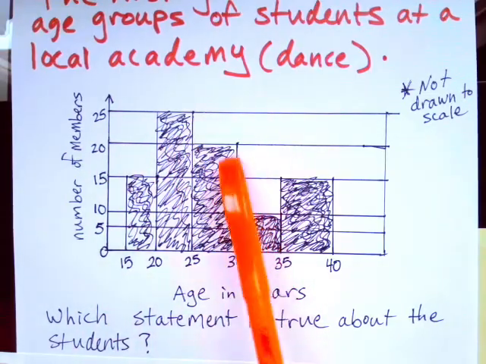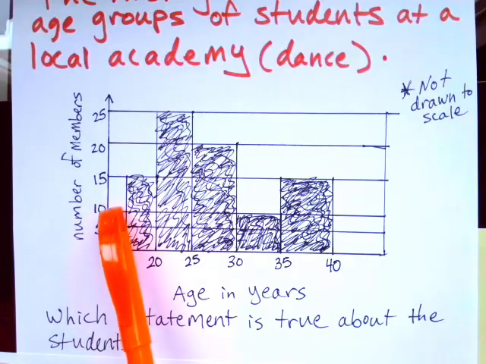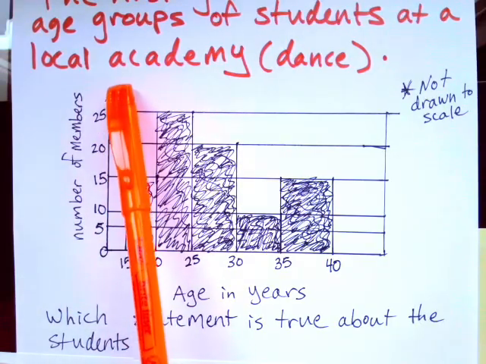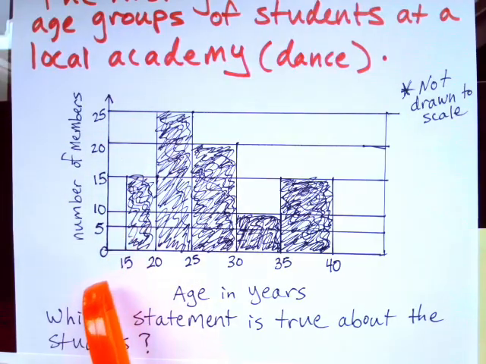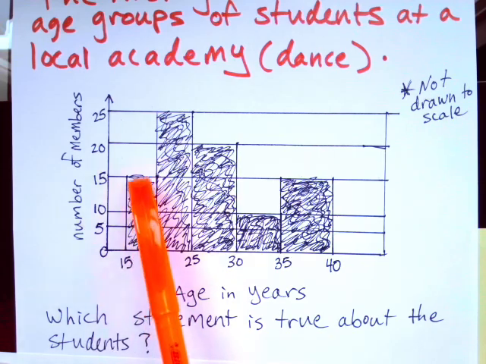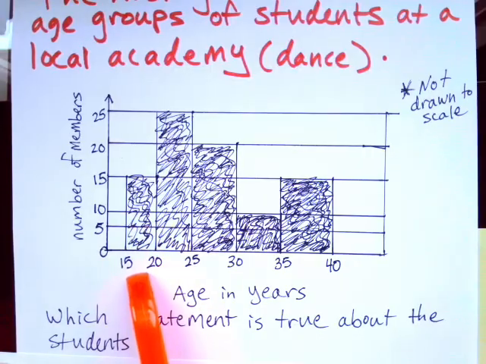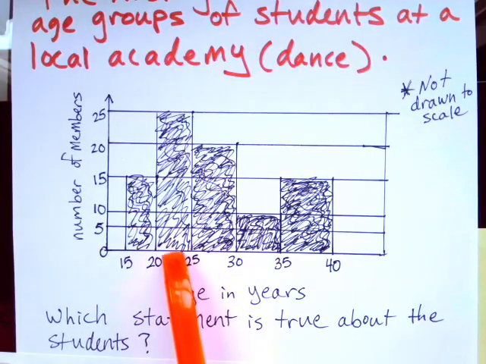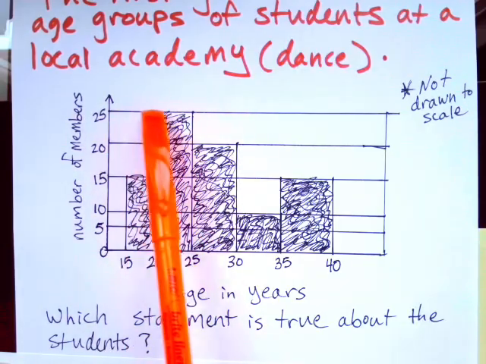And what this is showing is the age groups from 0 to 15. There are 0 students at the local dance academy. From age groups 15 to 20, there were 15 students that attended the academy. From age group 20 to 25, there were 25 students.